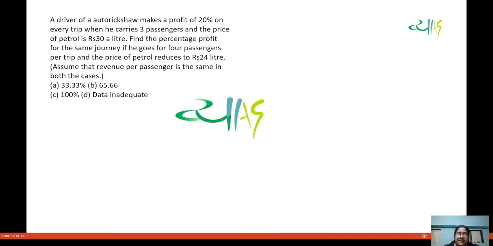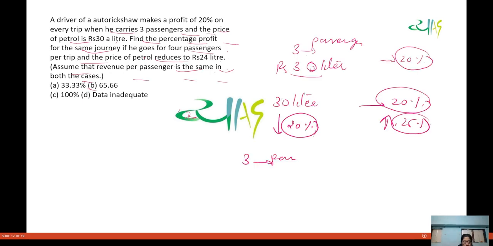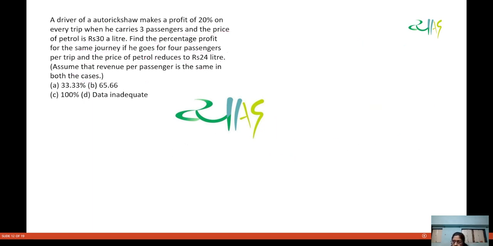Now look at this question. It is saying a driver of an auto rickshaw makes a profit of 20% on every trip when he carries 3 passengers, and the price of the petrol is rupees 30 a liter.